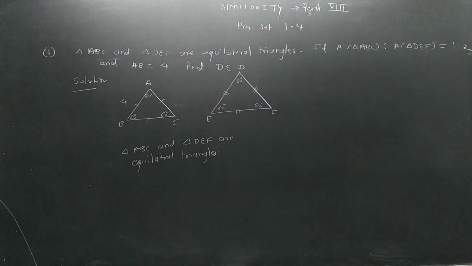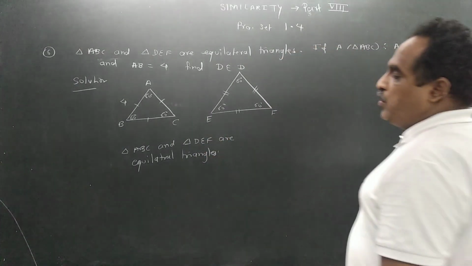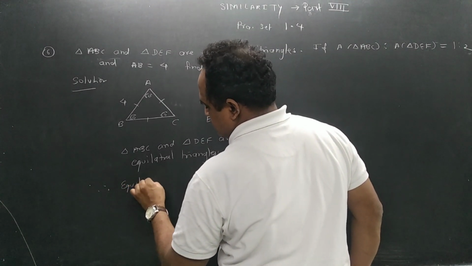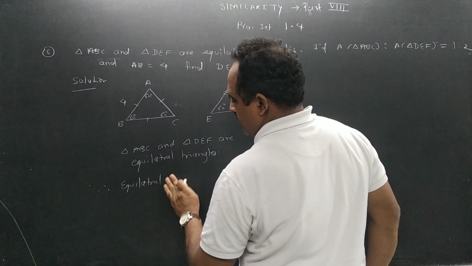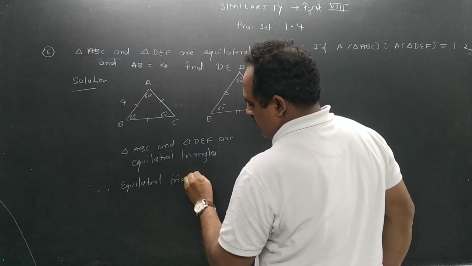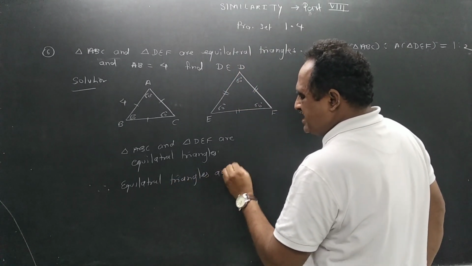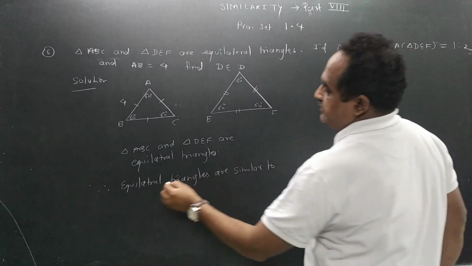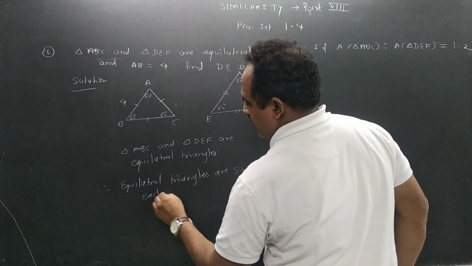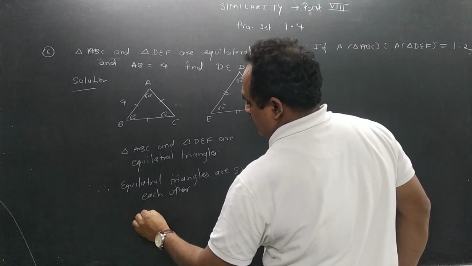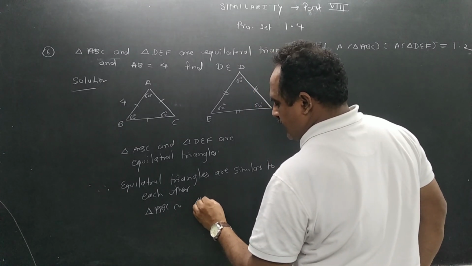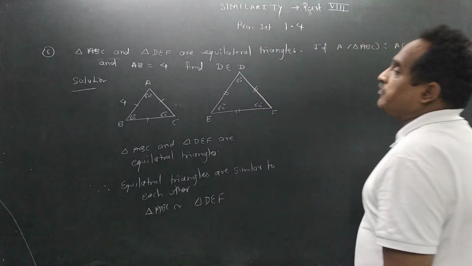And when they are equilateral triangles, we can give the statement that equilateral triangles are similar to each other. So ultimately, triangle ABC will become similar to triangle DEF.